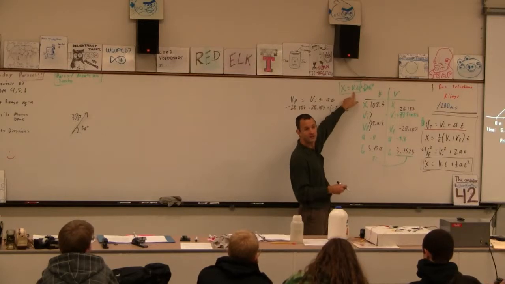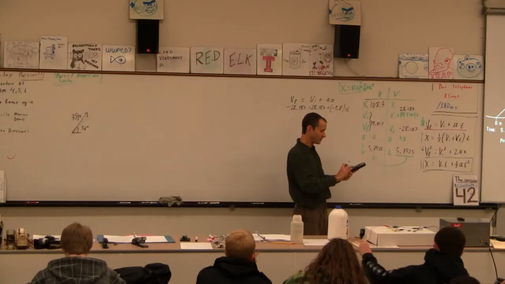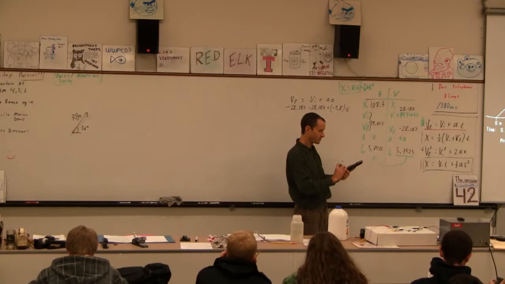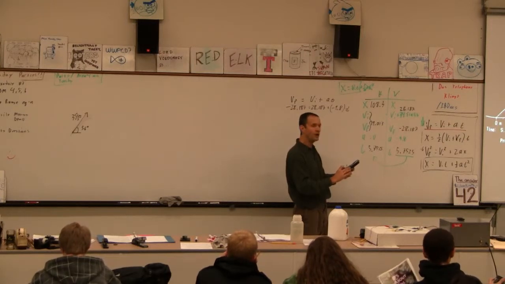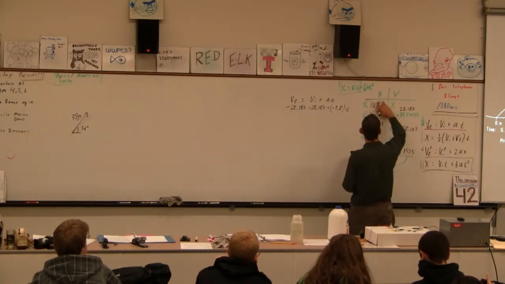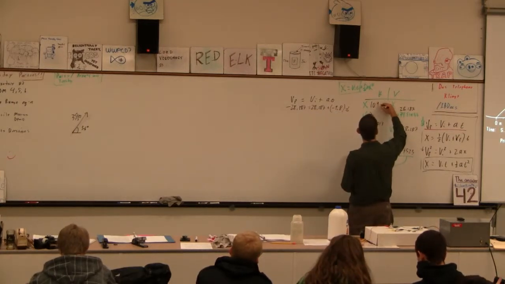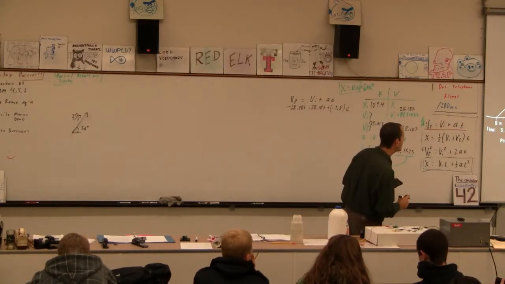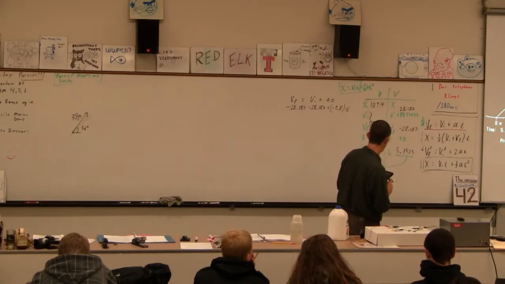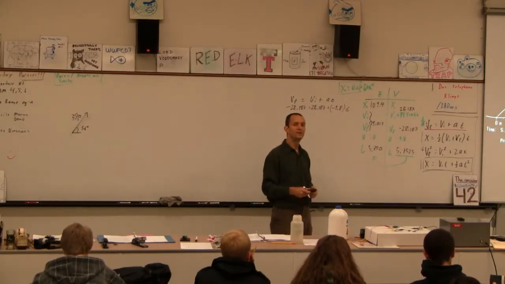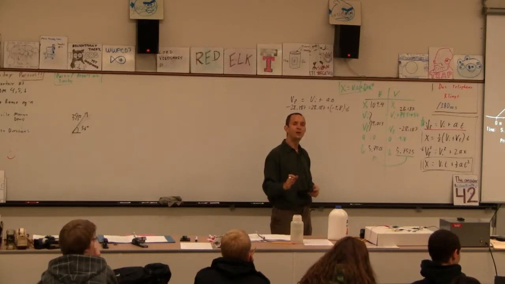But there's no 1/2 AT squared. So it's just this times this. So multiply those together. You get 109.36. So I'm going to say 109.4. And we got 109.4. We'll see. Are we good so far?